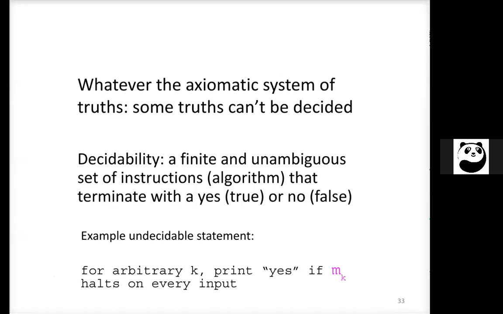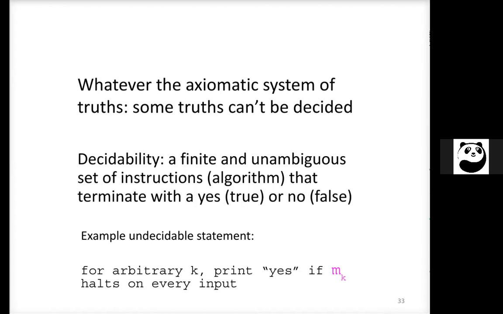In both cases, the yes and the no, there are languages which can be decided in the yes case, but the no case is undecided, for example, the halting machine problem.